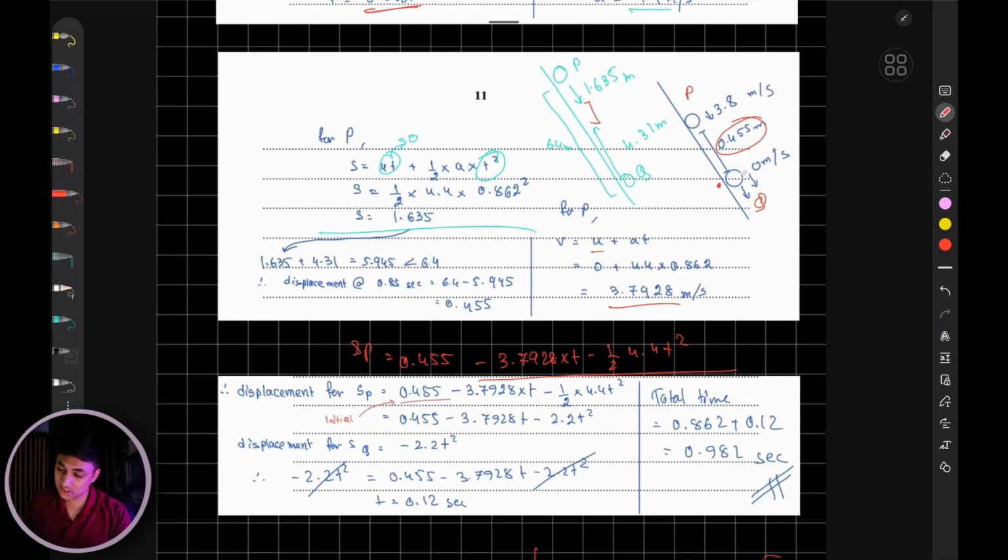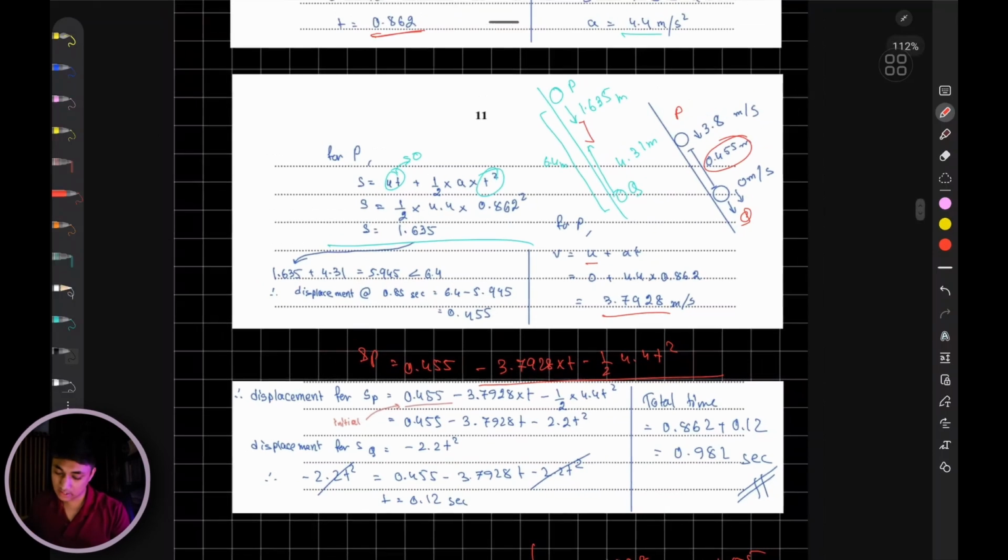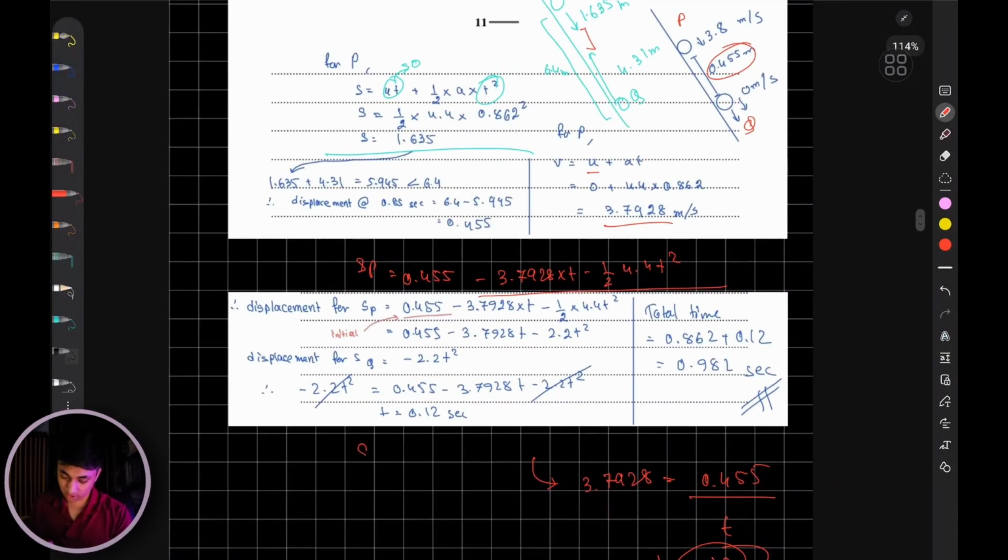Right? So, with respect to this point, P will have this displacement equation. Because initially at time t equals 0, what is the displacement of P? 0.455 compared to Q's position. After, let's say, 1 second, this displacement is going to decrease. Notice the minus sign. Now, in case of Q, what is the equation going to be?